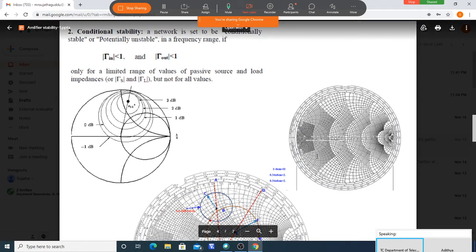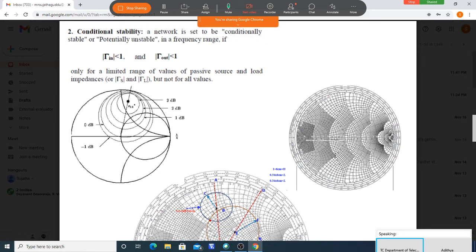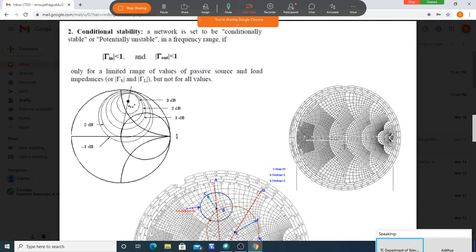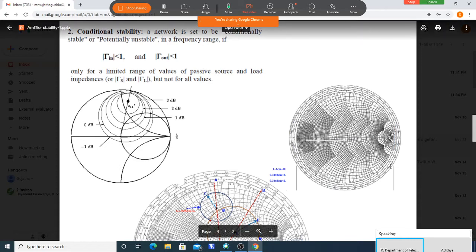But for example, I am saying this is an example, if you take values below here, this may become greater than 1. Γin and Γout may become greater than 1. So we cannot take values here as an impedance for ZS and ZL, because those values give Γin and Γout greater than 1.